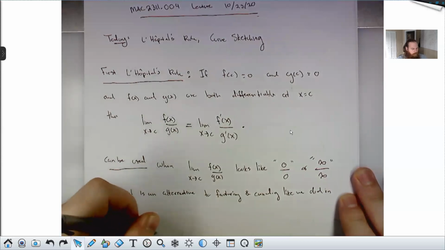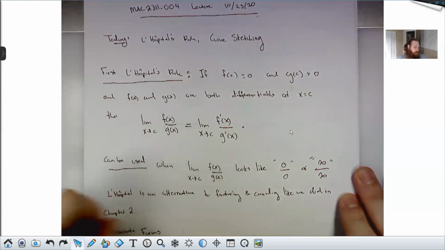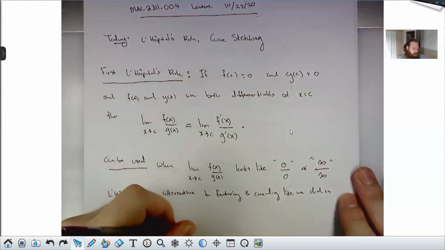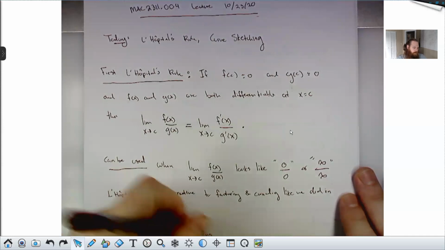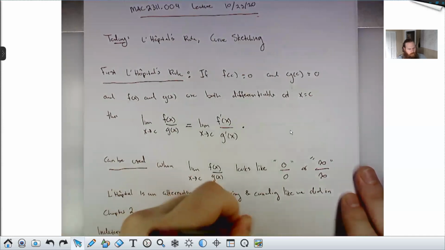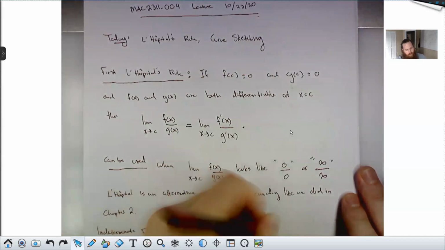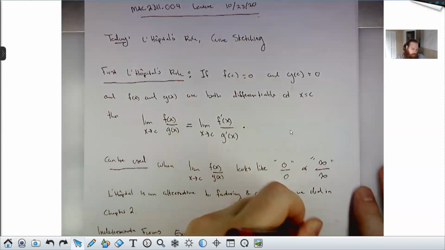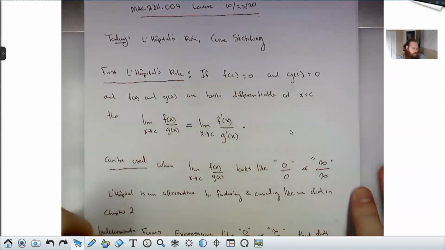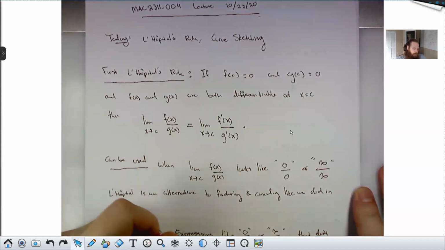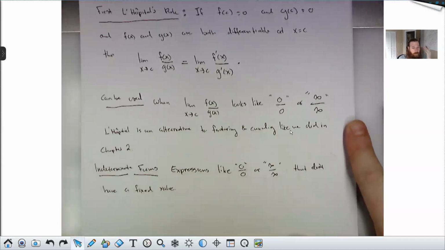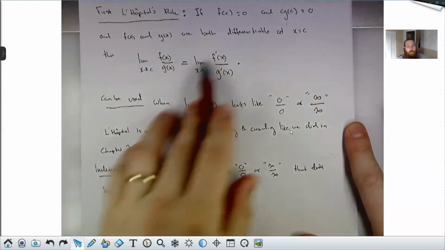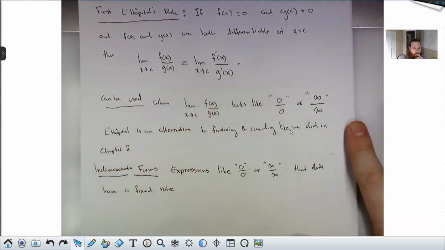Indeterminate forms are expressions like 0 over 0 or infinity over infinity that don't have a fixed value. Like 0 over 0 could actually come out to any real number. It depends on the details of the limit that led to something like 0 over 0. And the same is true for infinity over infinity.